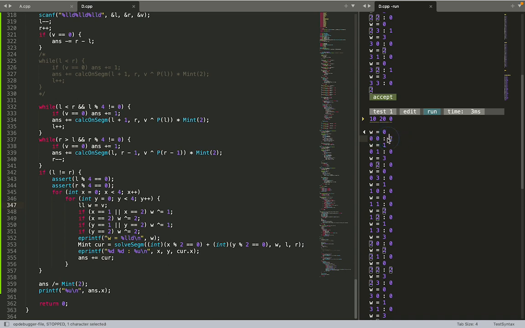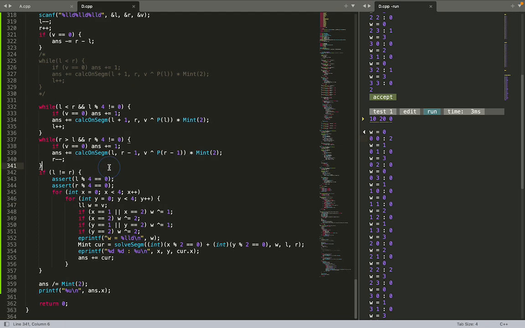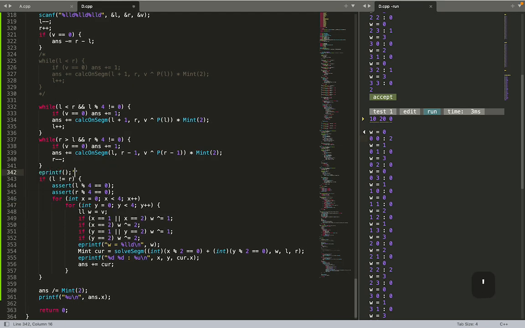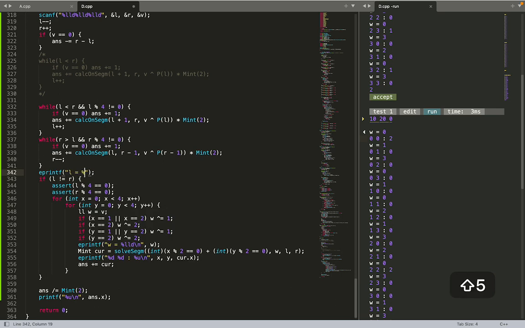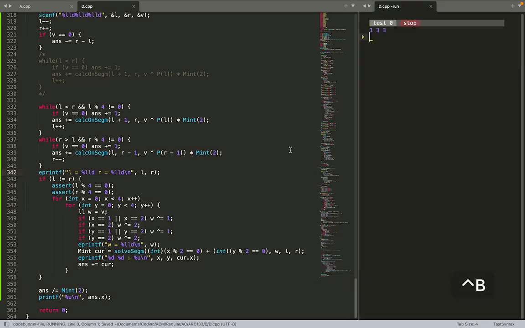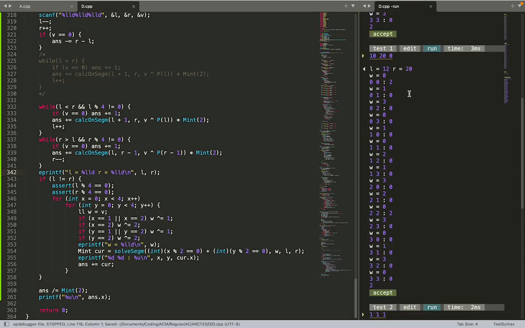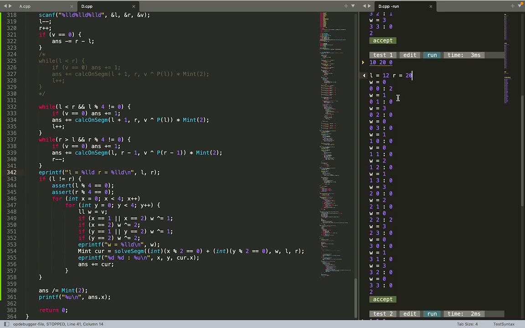Should be 4 here, because let's check. R should be 12 and 20. Yes.